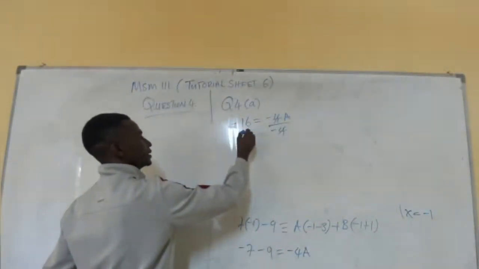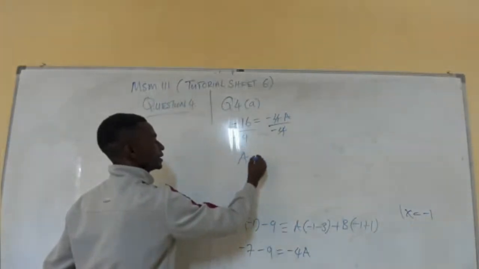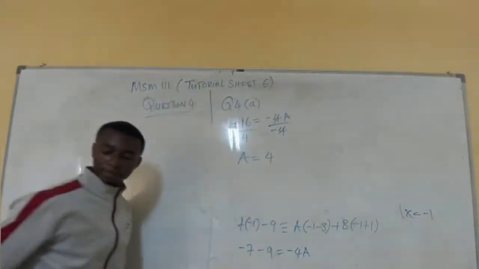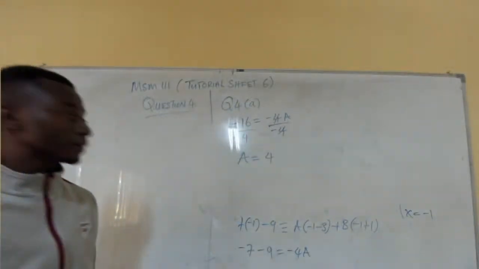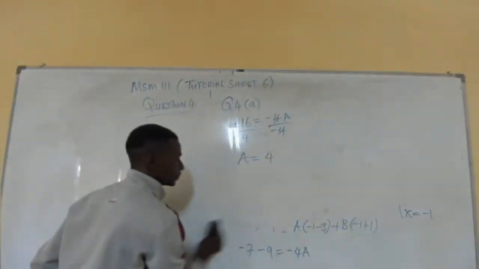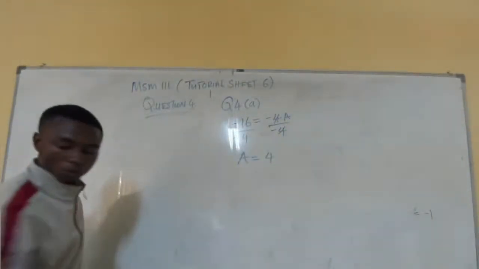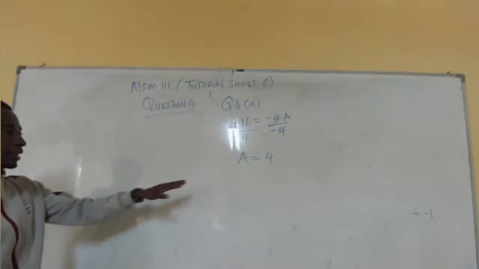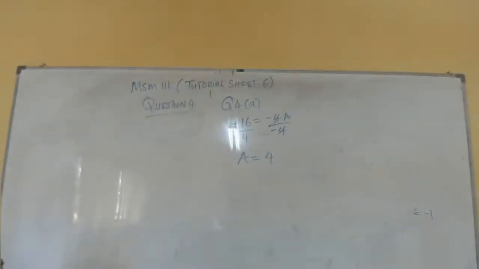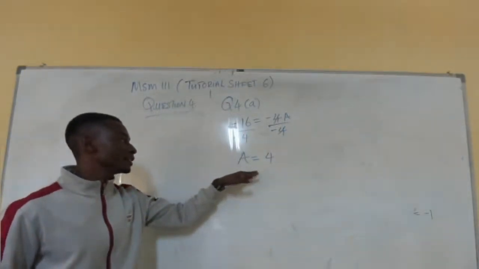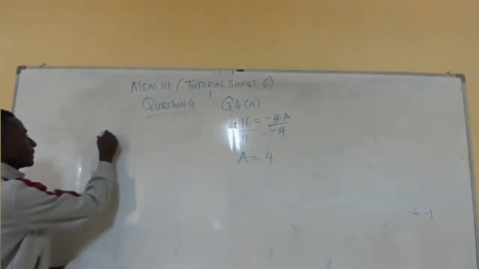So you do that, meaning your a is equal to 16 over 4, it's 4. So your a is 4. We are not done. We're still there. So now, since we know the value of a, what next? Next is to know the value of b. So now let's do this.